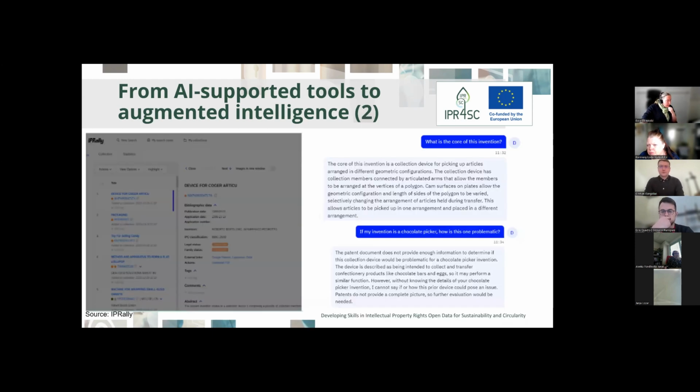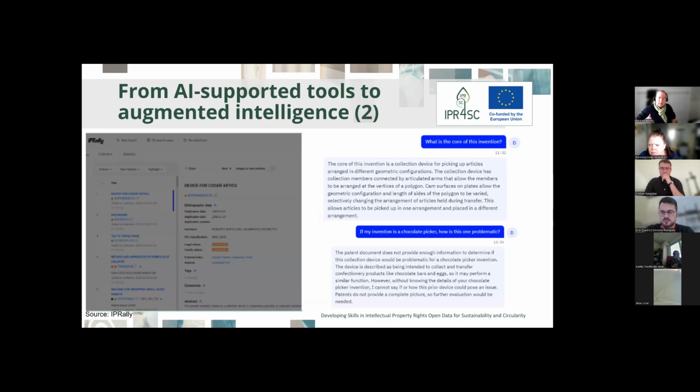All right. Here's just a little snippet of playing with these tools. This one was from IP Rally. So it's pretty similar to how you would use ChatGPT.